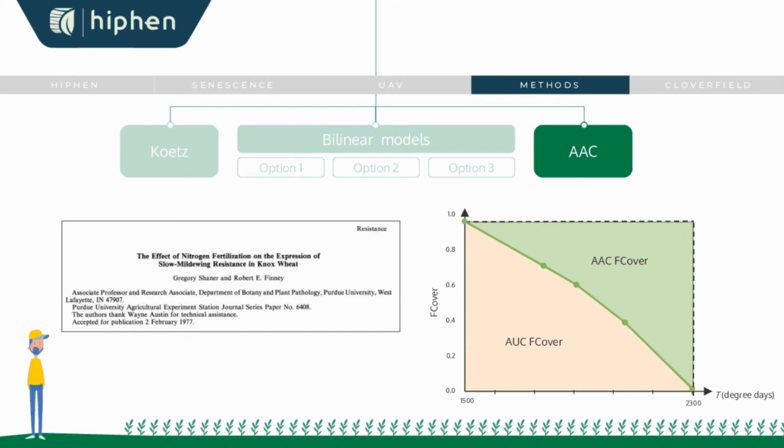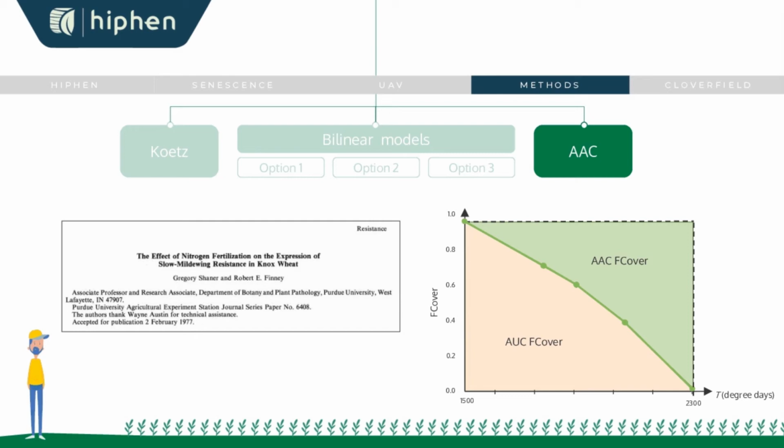One way to do it a little more robustly is to take the area under the curves. This was a paper already published in '77, comparing this type of fitting models with area under curves, and concluding that area under curves was much more robust, which we also agree with.